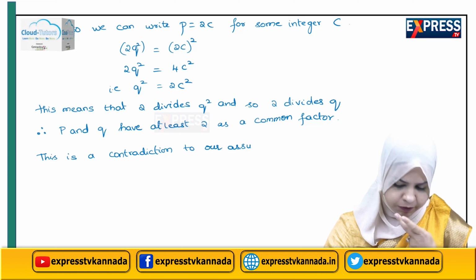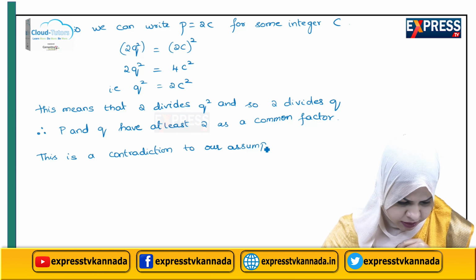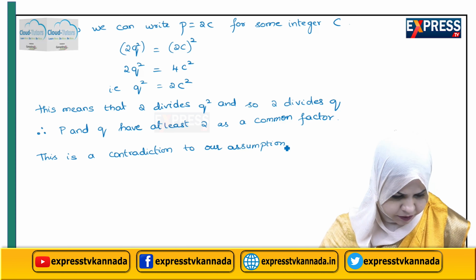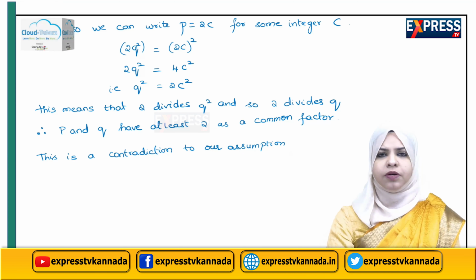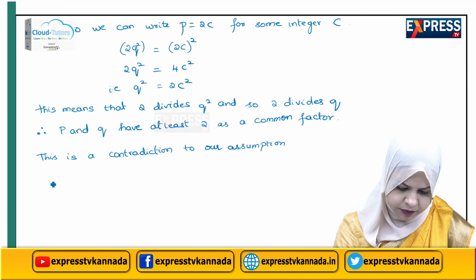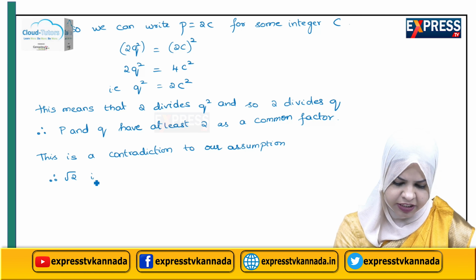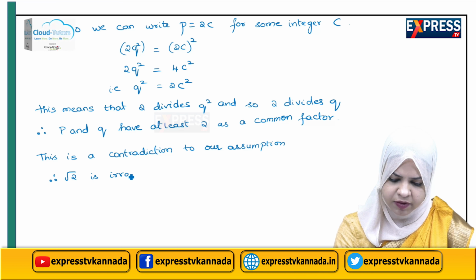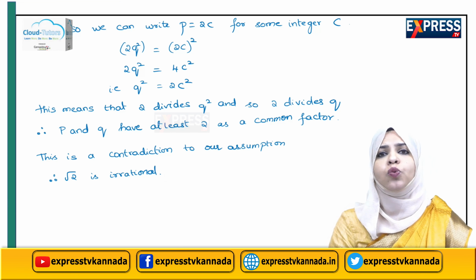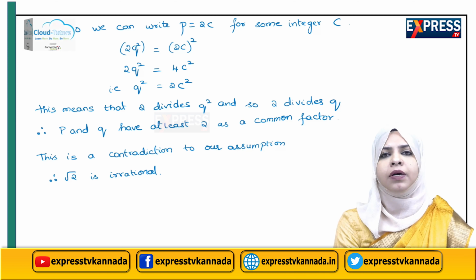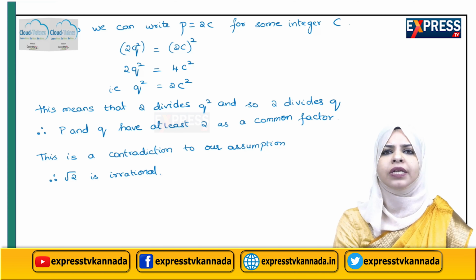Here we have 2, contradicting our assumption. So therefore root 2 is irrational. It is irrational because the assumption that we had made initially, that root 2 is a rational number, was wrong. Therefore root 2 is irrational.